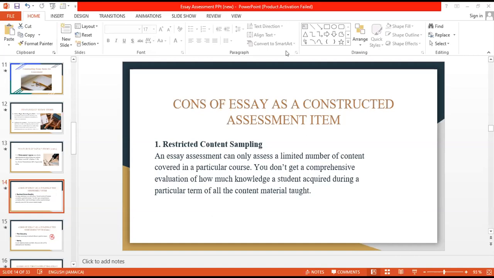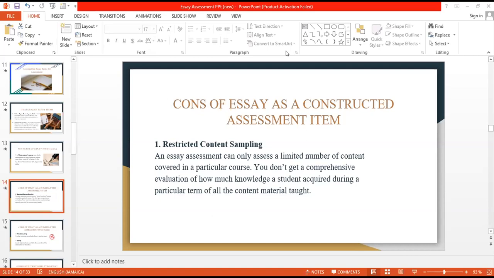So in your case, you're talking about skill targets, where you want to see how well they would be able to structure and use the techniques that you teach them in persuasive writing.